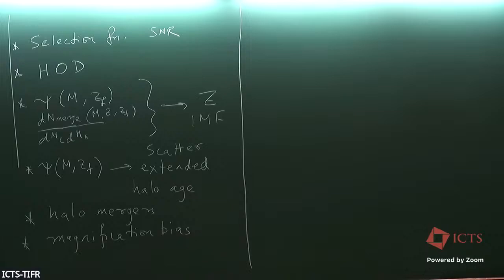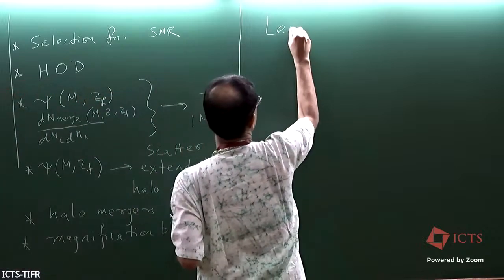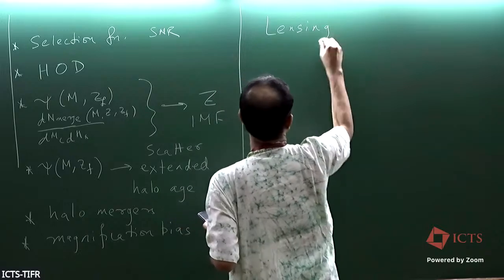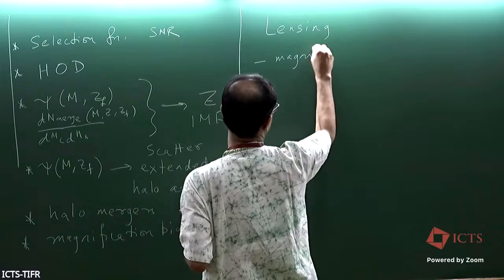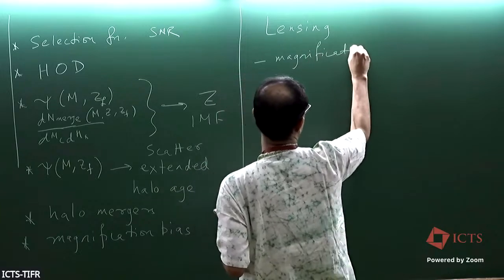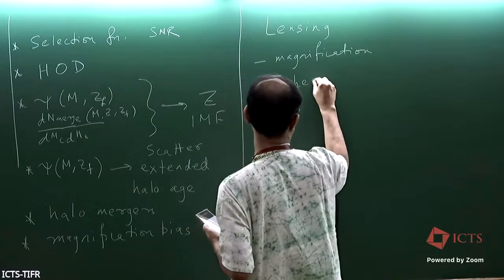And this lensing can affect your calculation of, for example, clustering, which we are interested in. There are various effects of lensing. Two effects which are often used are magnification and shear.